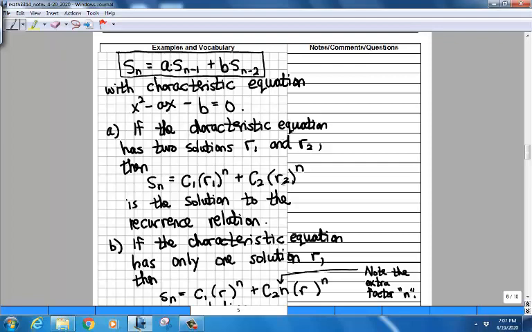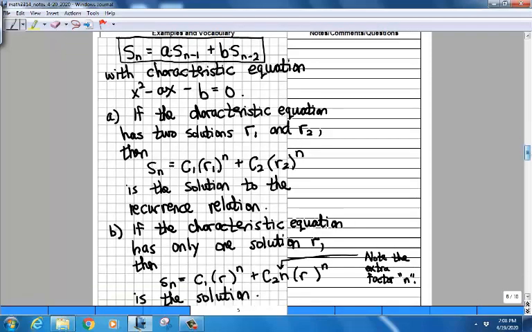Just that simple. If you can solve a quadratic equation, that we certainly know how to do, that means you can solve a second order linear homogeneous recurrence relation, okay? All you need to be able to do is solve quadratic equations. Wow, quadratic equations are really useful, aren't they?